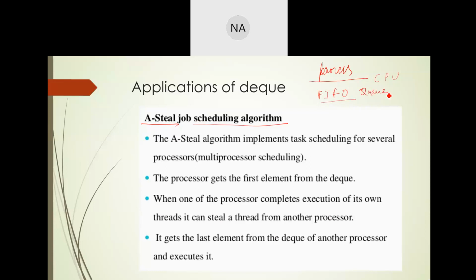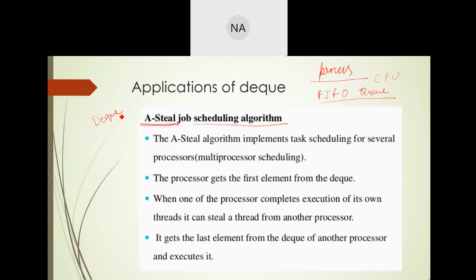So to implement the first in, first out scheduling algorithm, queue data structure is used. There is another scheduling algorithm which is called A-Steal job scheduling algorithm, and to implement the A-Steal job scheduling algorithm, we use deck.